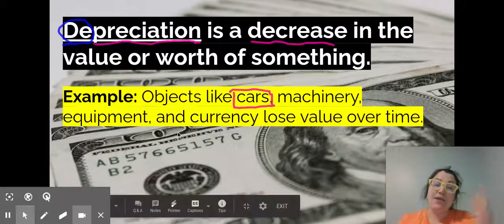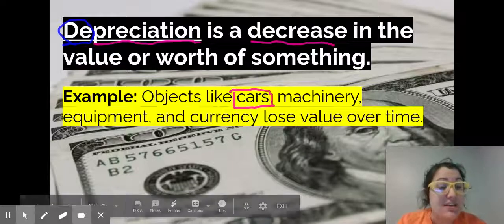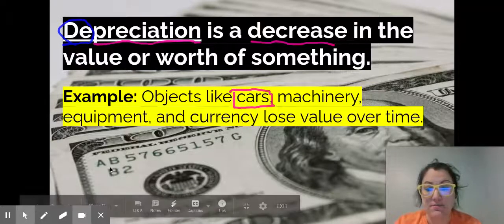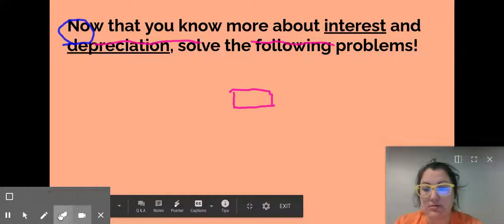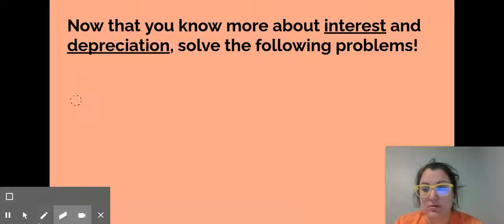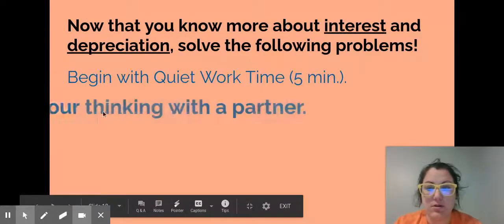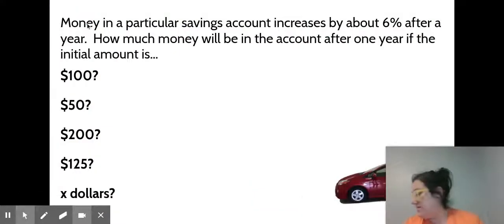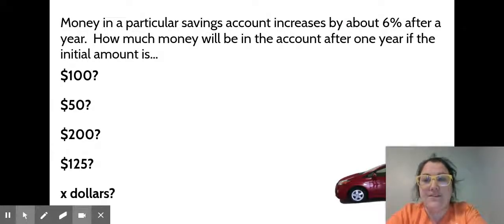Okay, so now that we have an idea of what these two words mean, we're going to use these words to help us solve some proportions, to help us solve some problems. This is on page number 50.